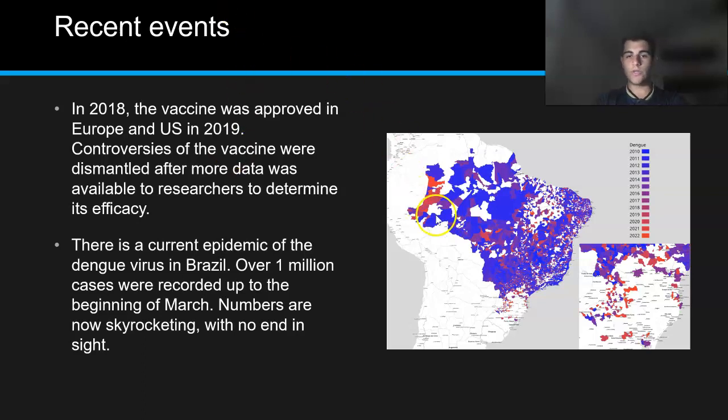As you can see here on the map, the areas that are very red in 2022 are the areas in Brazil that have been mostly affected by the dengue virus as of now. I have had family members with dengue virus, but we were fortunate that they were healthy, and we were able to get them the proper medical care that they needed.